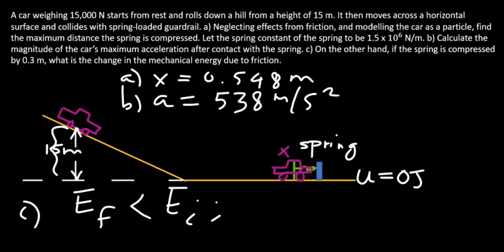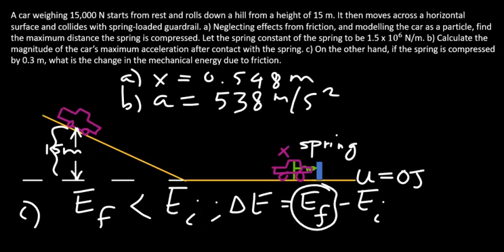So that means the change in mechanical energy due to friction is the final total mechanical energy minus the initial total mechanical energy. As we have seen above, the final total mechanical energy is in the form of elastic potential energy, so half times k times the compression, in this case 0.3 meter, squared.